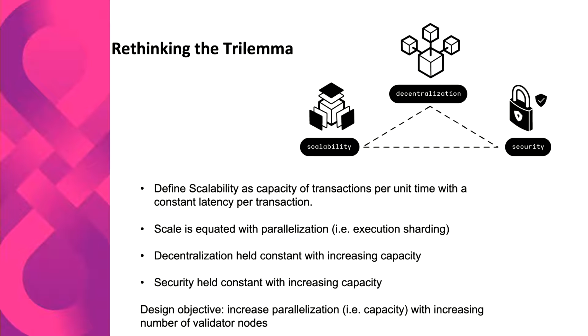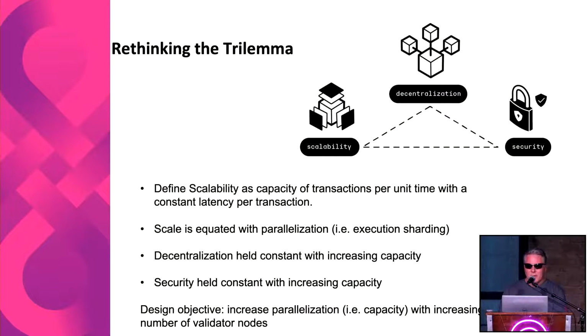So what we want to do is parallelization of execution, which would be execution sharding as opposed to straight data sharding. In order to do that, we've decided to increase scalability by walking through parallelization. But what it'll do is we won't decrease the decentralization or decrease the security, but we won't necessarily increase it.